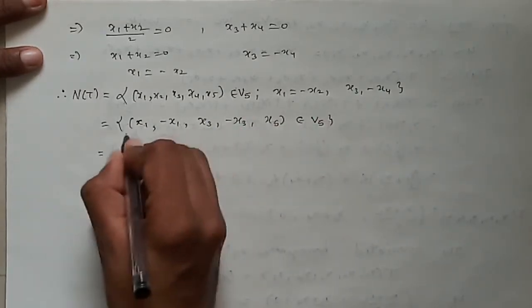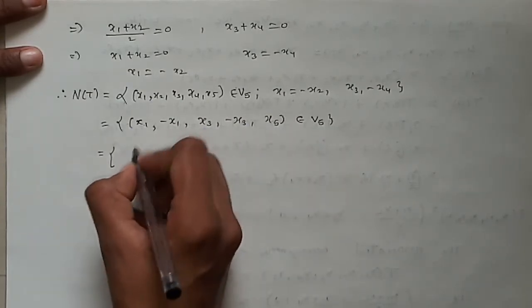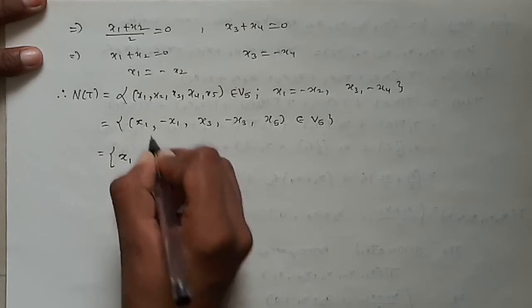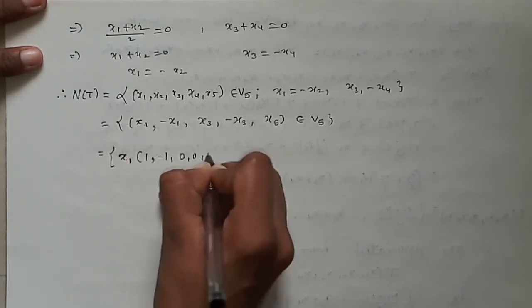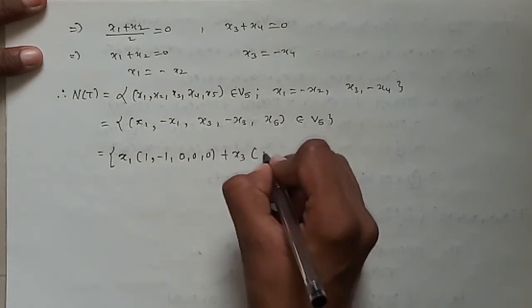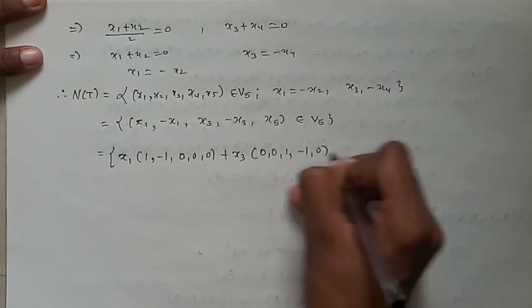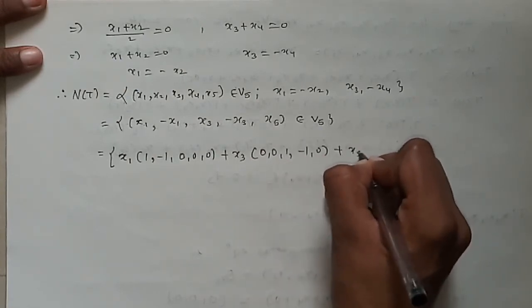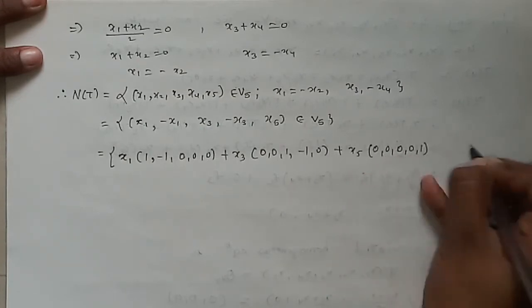Again, I can write this as a linear combination of some elements. For x1, this is 1, minus 1, 0, 0 and 0. For x3, 0, 0, 1, minus 1, 0. And for x5, 0, 0, 0, 0 and 1.